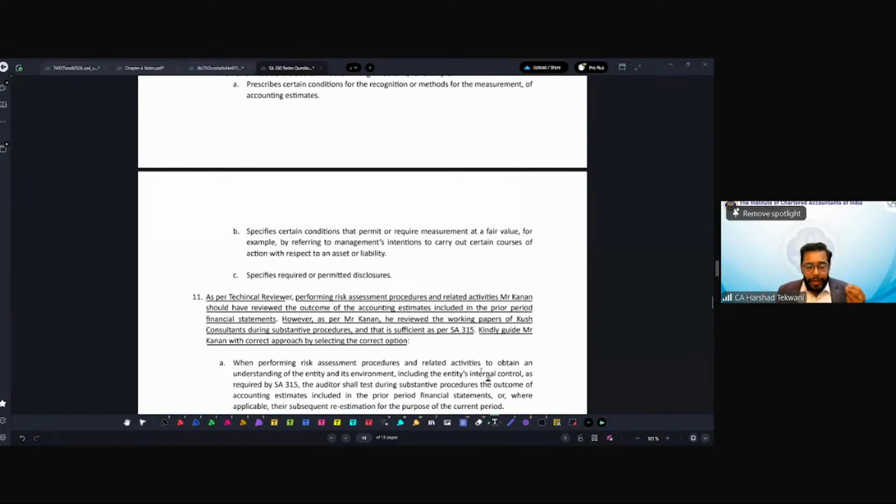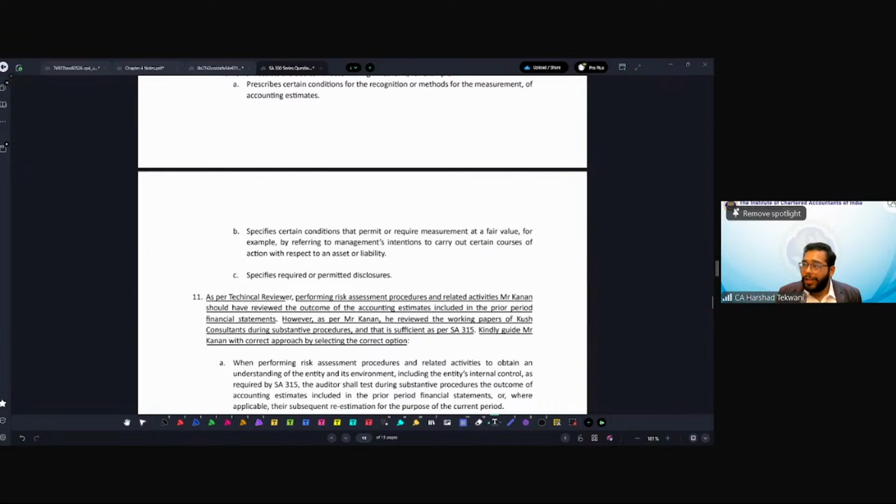So here, the technical reviewer is saying that the risk assessment procedure should have reviewed the outcome of accounting estimates. So this is a combination of SA 540, what we had discussed, and SA 315. But Mr. Kannan reviewed the working papers at the time of substantive procedures.